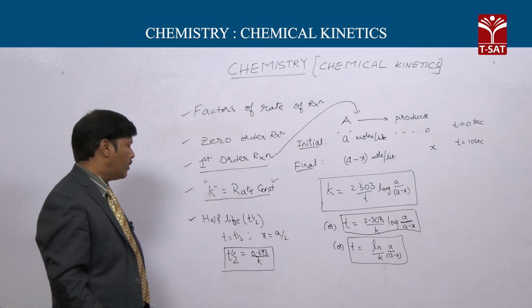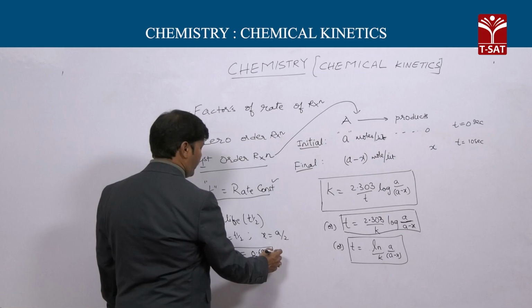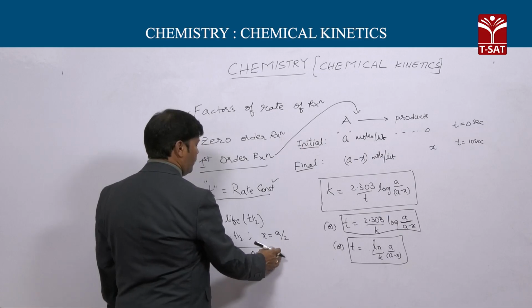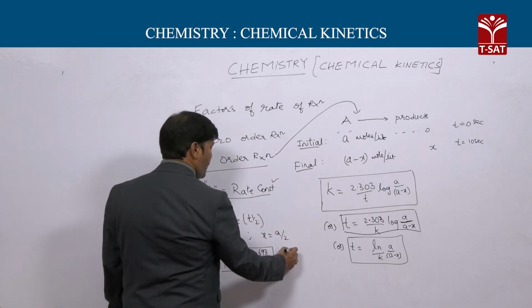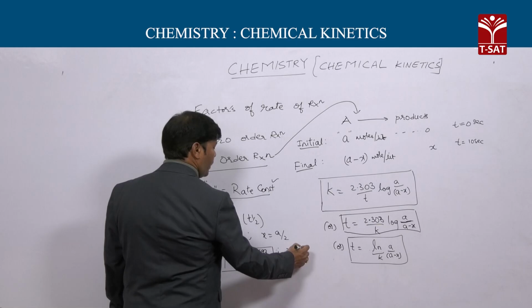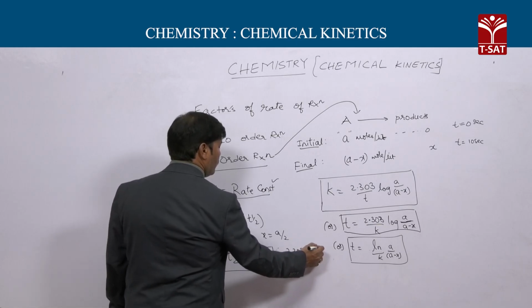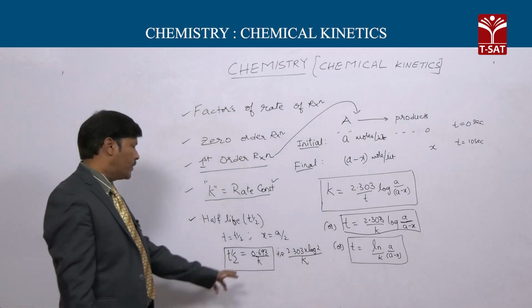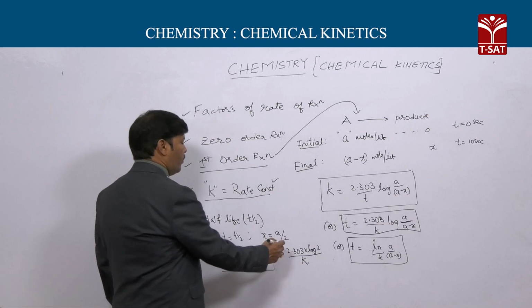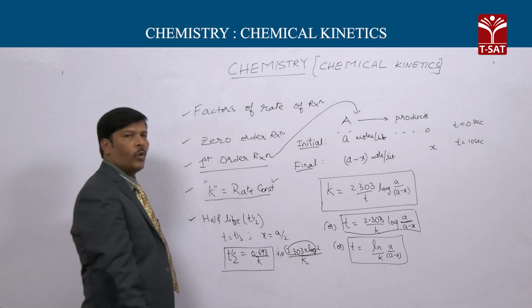In this expression 0.693 by K, if you expand it, 0.693 is nothing but 2.303 into log 2, divided by K. And 2.303 of log is nothing but equal to ln.